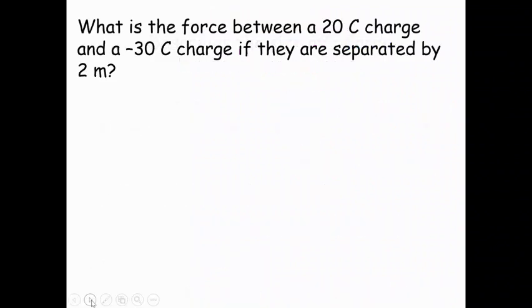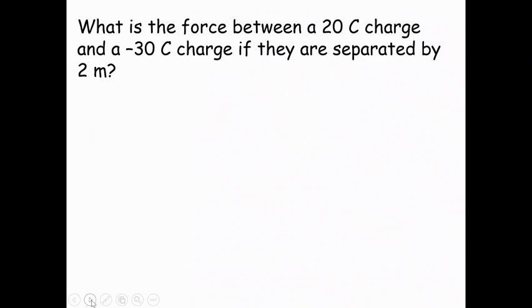If we were to use this equation in a practice problem where we have to calculate the force between a 20 Coulomb charge and a negative 30 Coulomb charge if they are separated by a distance of 2 meters. Here we have a positive charge, 20 coulombs, and a negative charge, negative 30 coulombs.